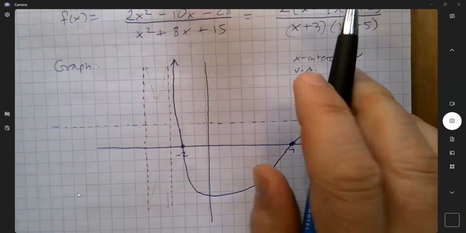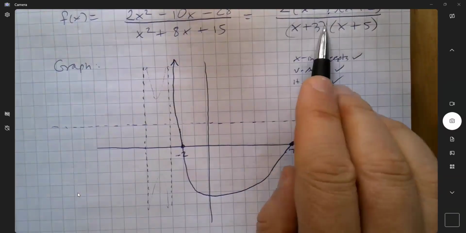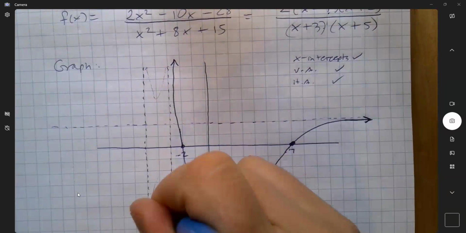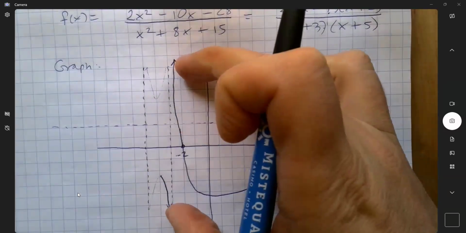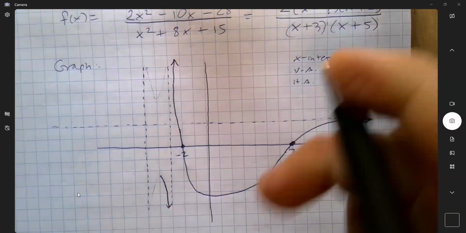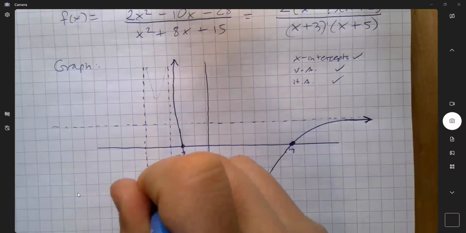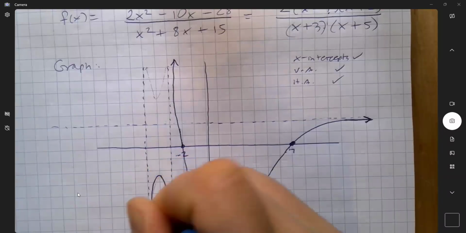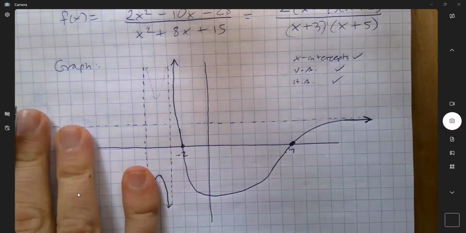The rule is if the multiplicity of the vertical asymptote is odd, then the arrows switch sides. And now it comes up, it can never touch or cross the axis again, so it has to turn back down and goes down again. So that's one way to figure it out: it's an odd multiplicity, so it turns around.